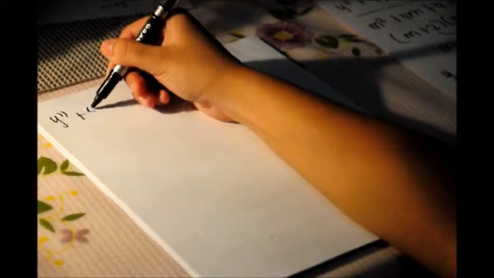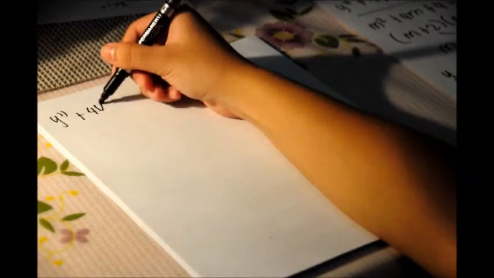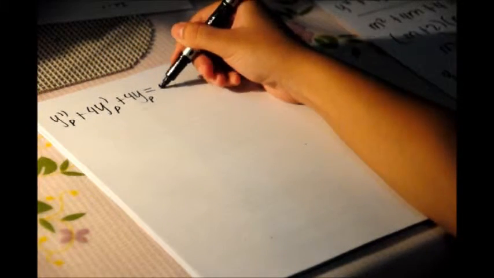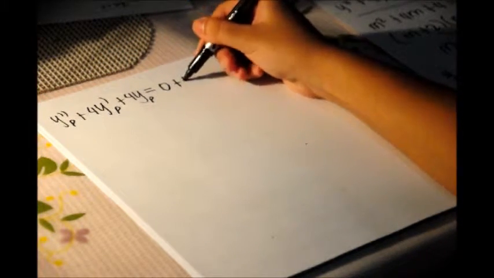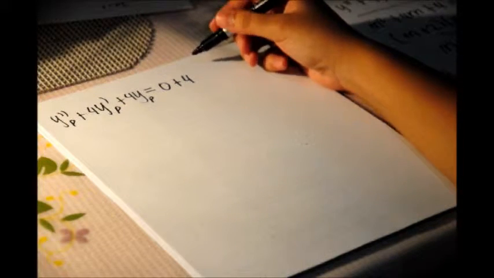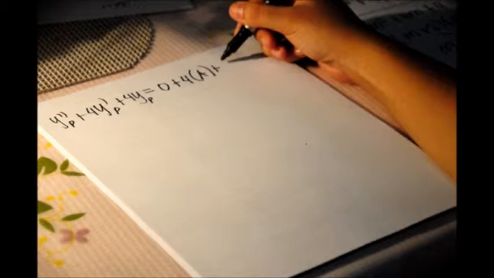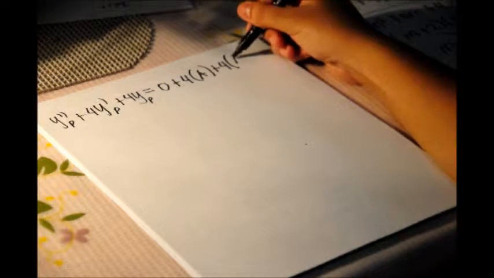So we have now y double prime plus 4y prime plus 4y is equal to YT double prime, which is 0, plus 4 times YT prime, which is A, plus 4 times YT, and YT, as we have solved earlier, is AX minus B.